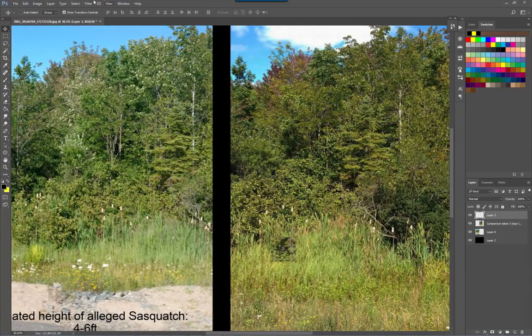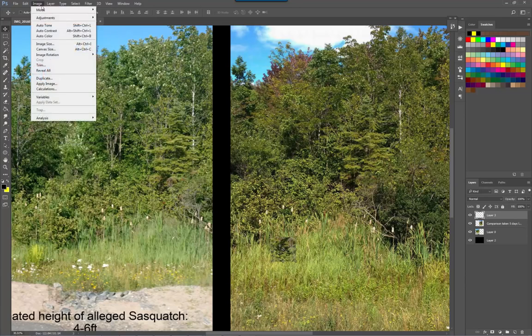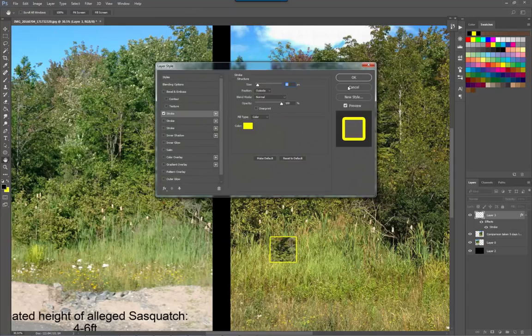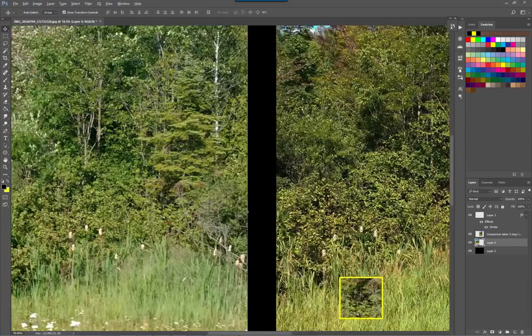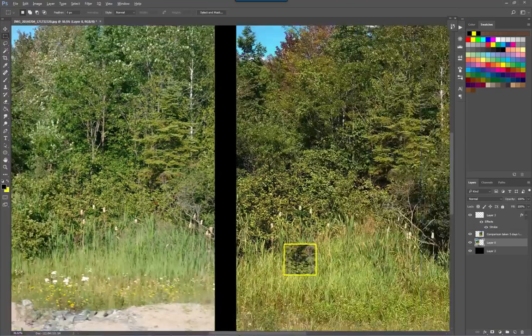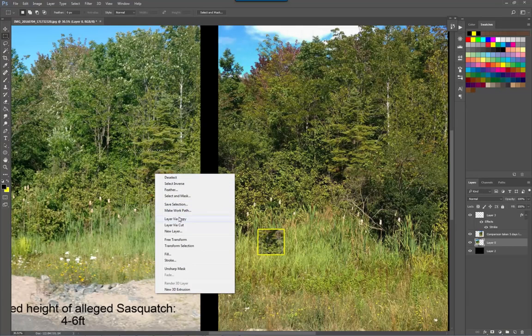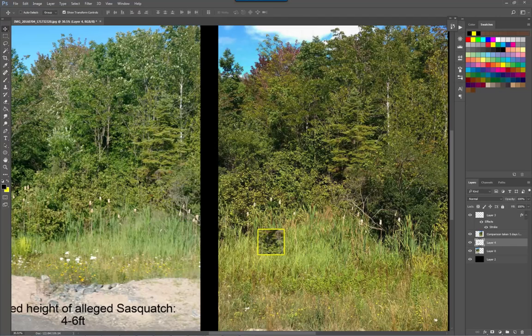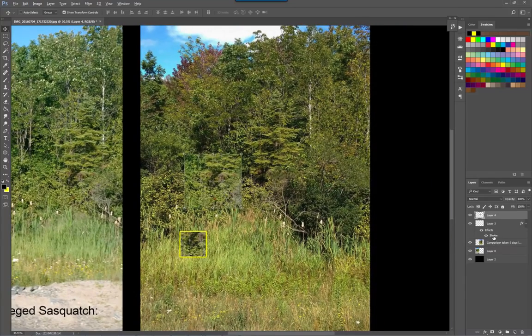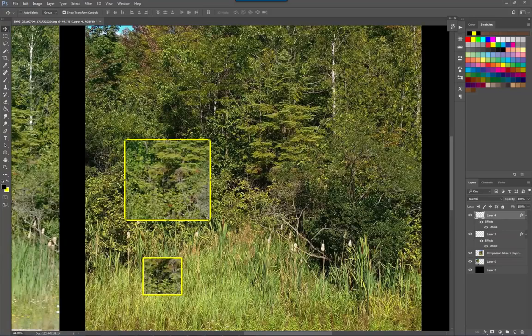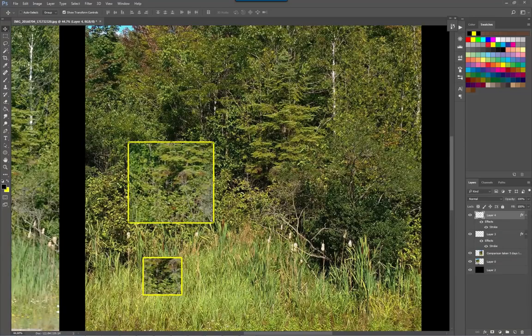If I just move this down here, I will put a stroke on there. There we go. So here's the area.